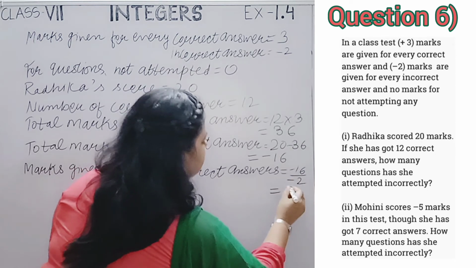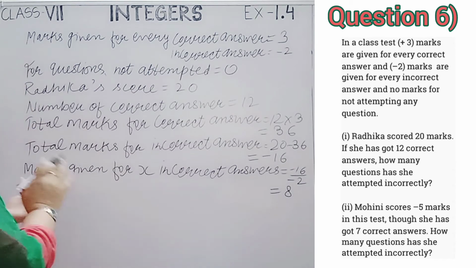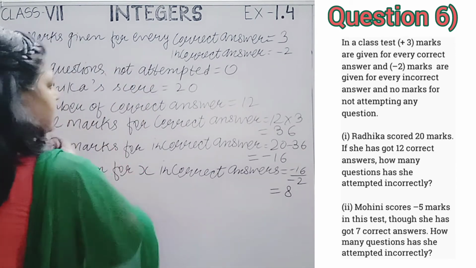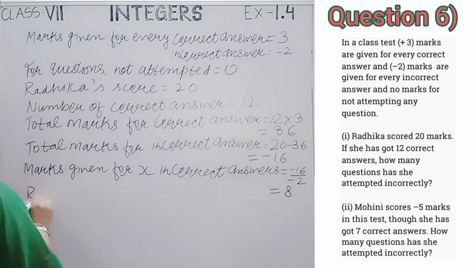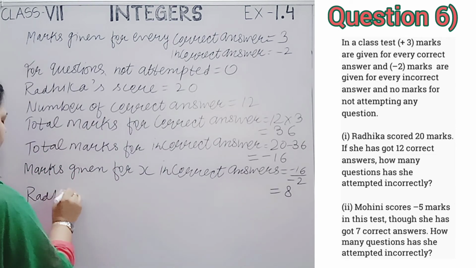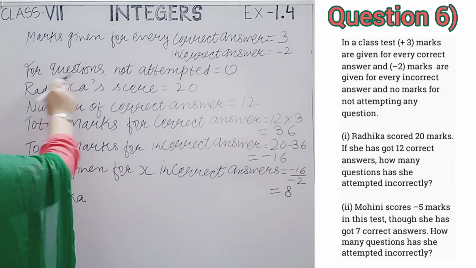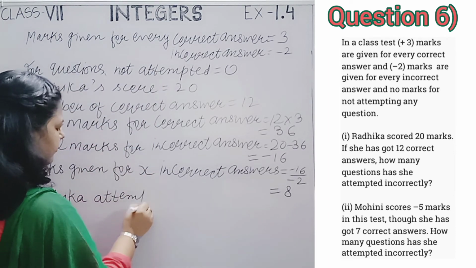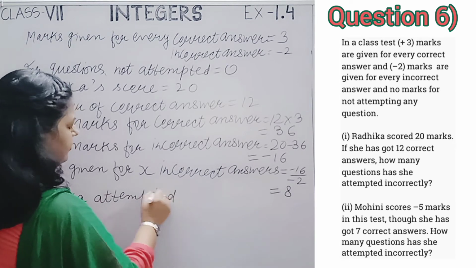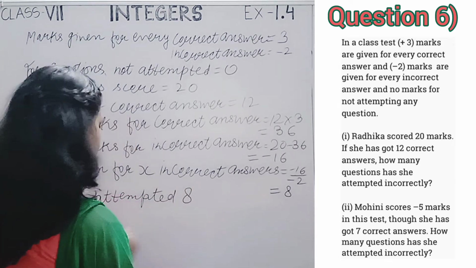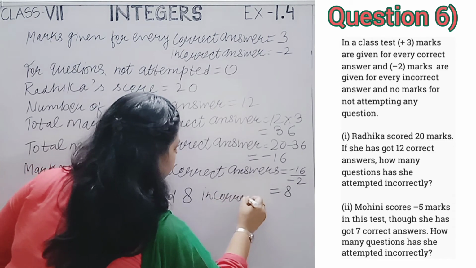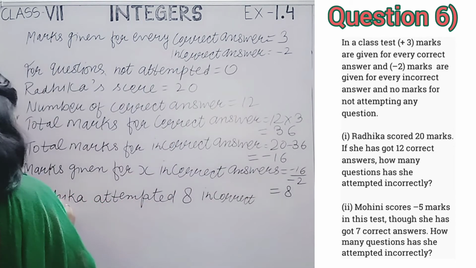This is 8. It means she gave 8 wrong answers. So Radhika attempted 8 incorrect answers.